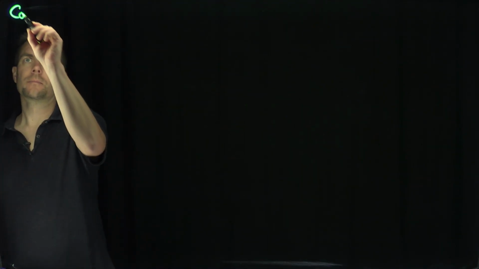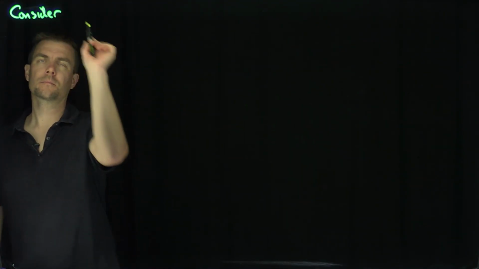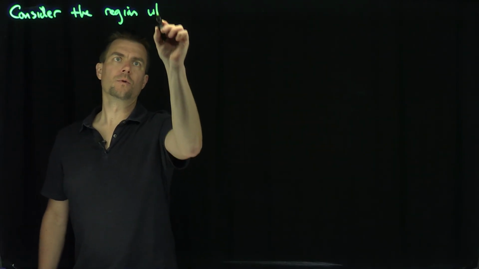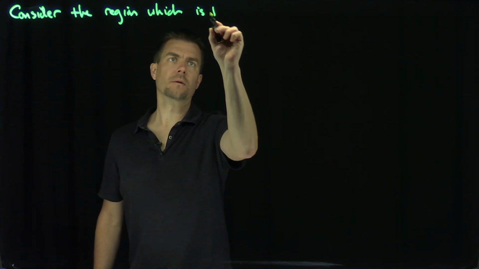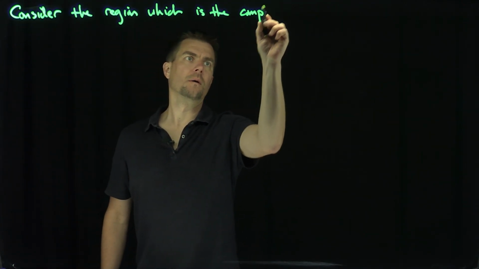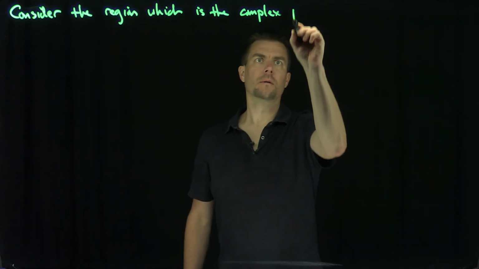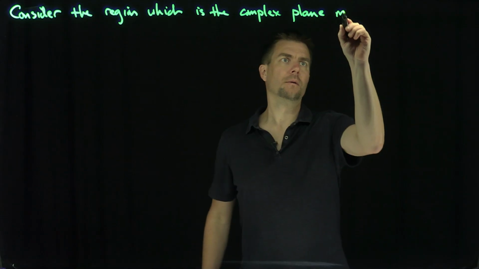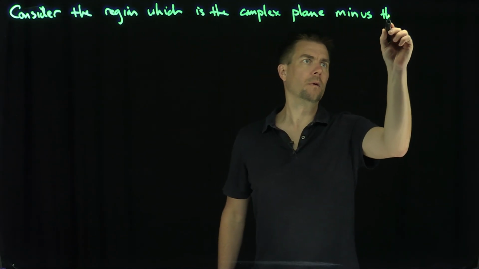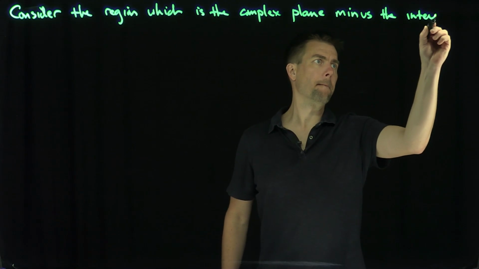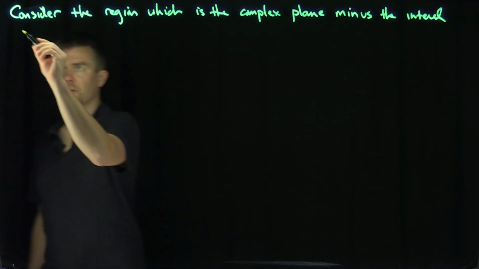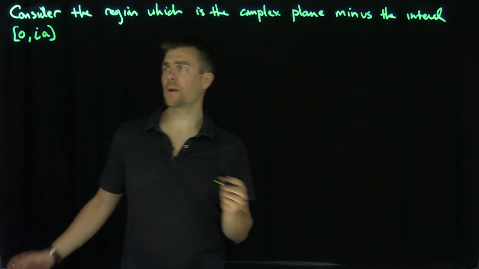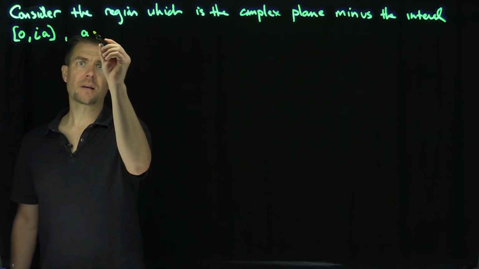Let's consider the region, which is the complex plane minus the interval 0, start at the origin, and go to iA. So go to i times a fixed number A, where A is a positive real number.